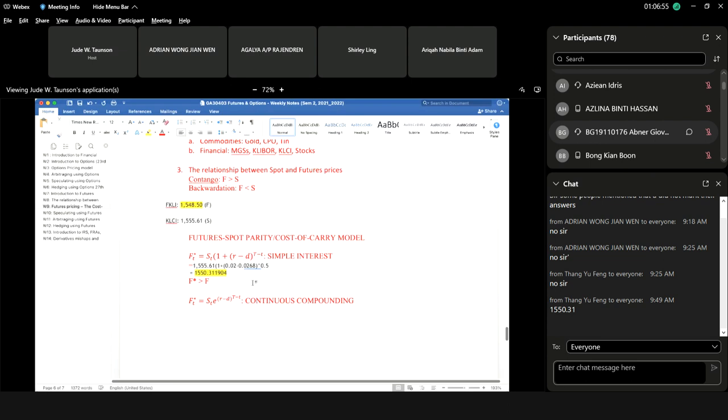Of course, this is not correct because of this amount. We need to get the real one, right? But the interest rate, I think, is acceptable. Maybe this one we need to use the latest one because we use the dividend for April. Right? We can find it, but it might take some time. We need to log into the subscription to get the data. So in this case, F star is smaller than F.